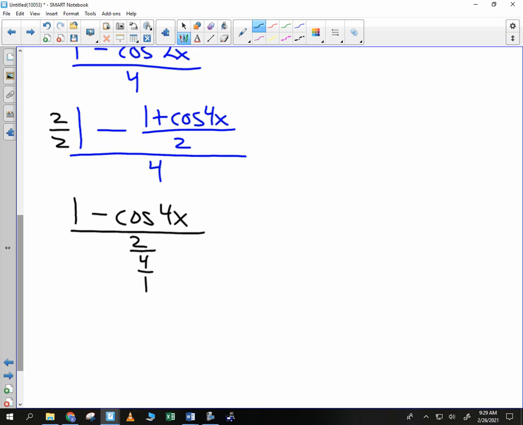Multiplied by the reciprocal. And I get 1 minus the cosine of 4x all over 8. And now that is the expression.